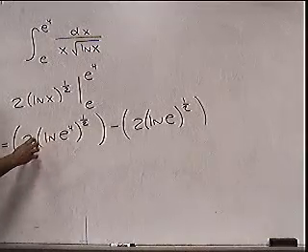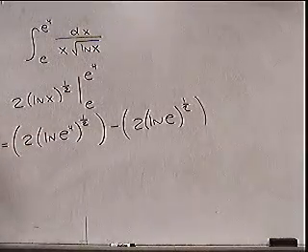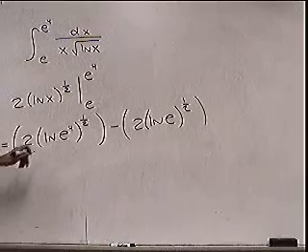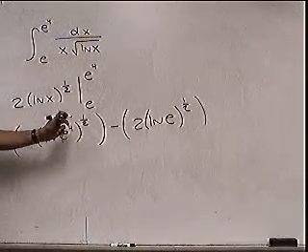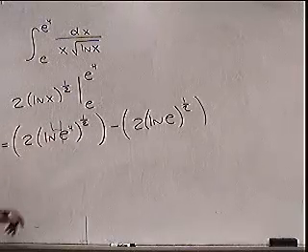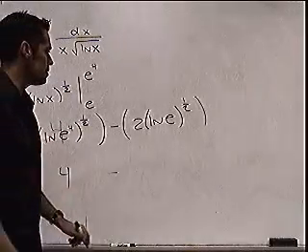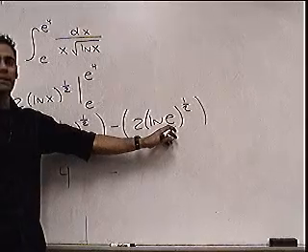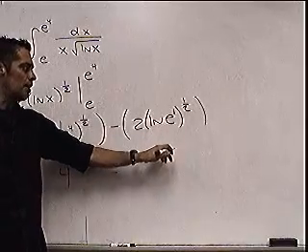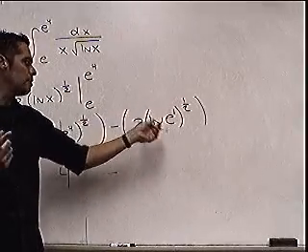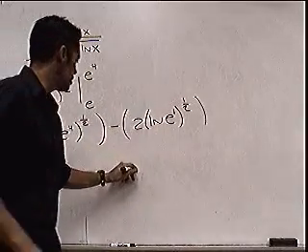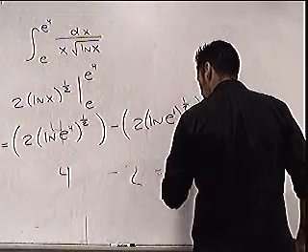That's just 4, right? Natural log and e basically wipe each other out. They're inverse functions. So you just get a 4 here. What's 4 to the 1/2? 2, that's square root of 4, and then 2 times 2 is 4. So that's a 4 minus natural log of e is 1, because that's a 1 up there. So square root of 1 is 1, 2 times 1 is 2. So you get 4 minus 2, which is 2.